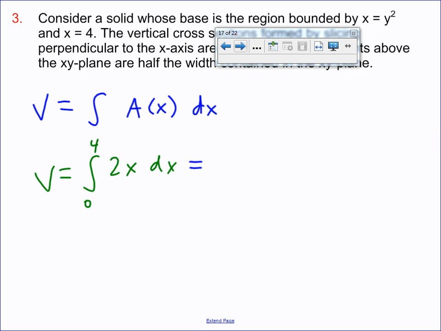Ready? X squared, ready? Minus 0. Yay! I like number 3. Me too. I thought, oh no, a parabolic base of the solid, and then the resolution.